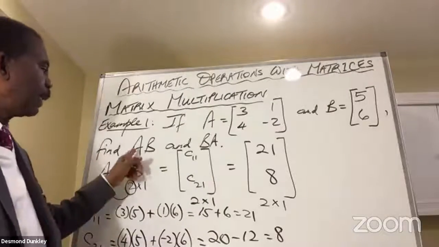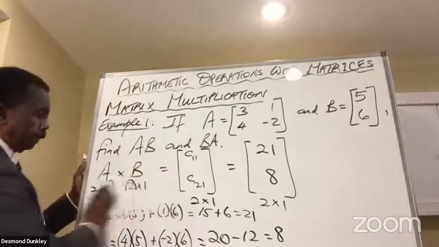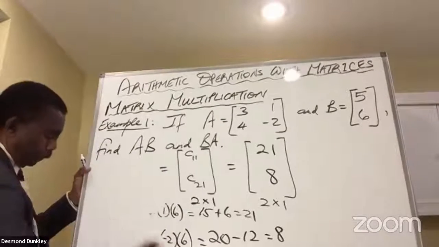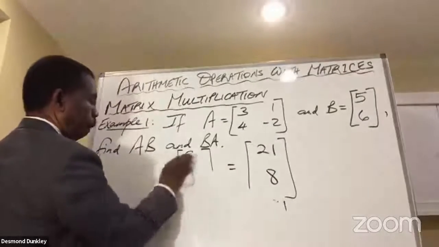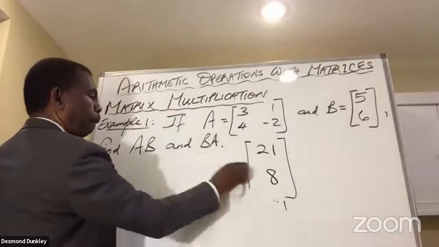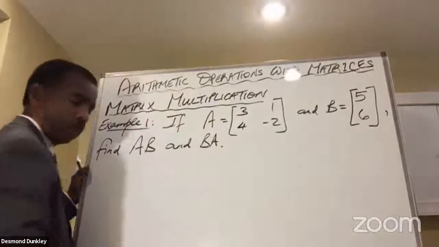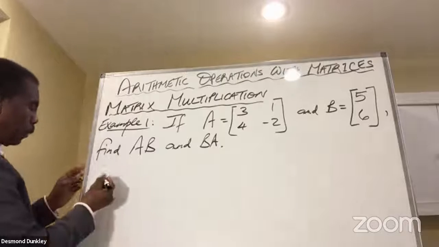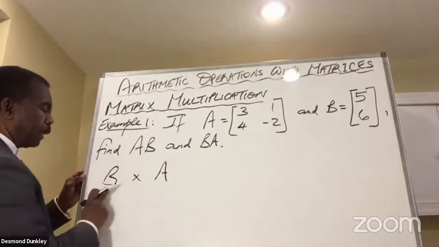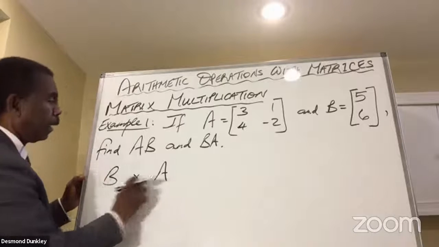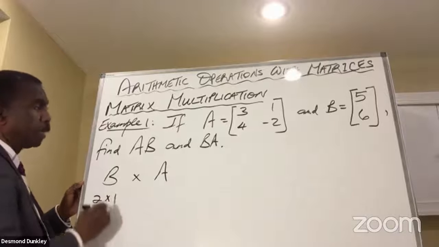Okay, so now we have dealt with AB. Let's go for BA. So B times A, matrix B times matrix A. Matrix B is a 2 by 1.